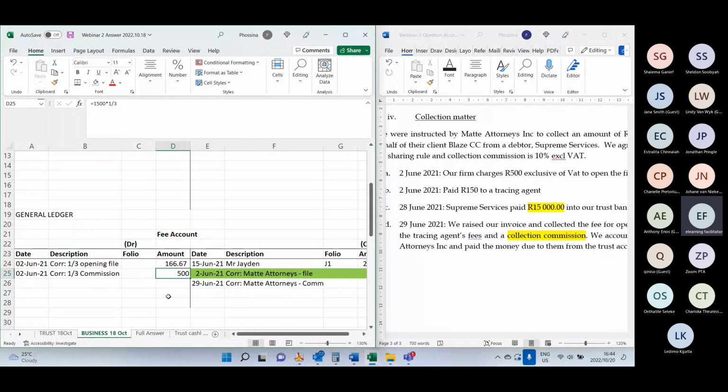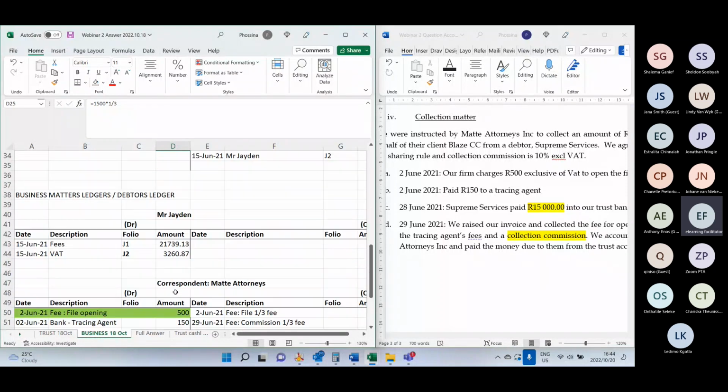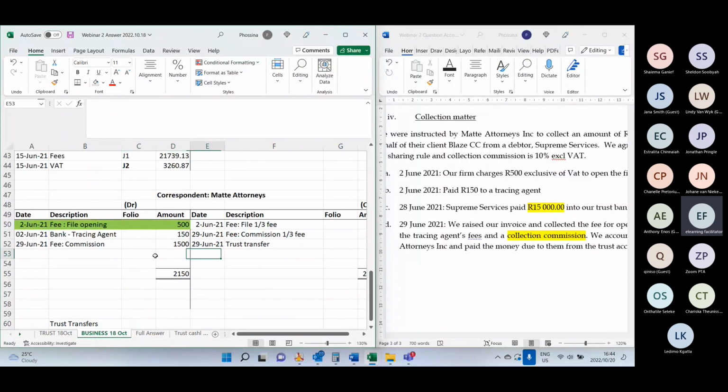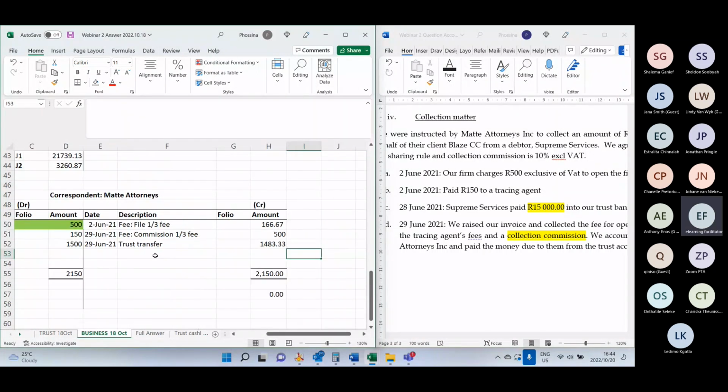Whatever we do, we also do in our correspondent account. And then once we finish all the fees, say for instance, we were given two fees that we charged, or three, you record all the three, and then after that you work out how much you need to transfer from the trust account.